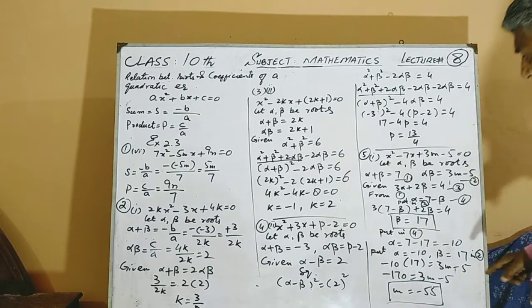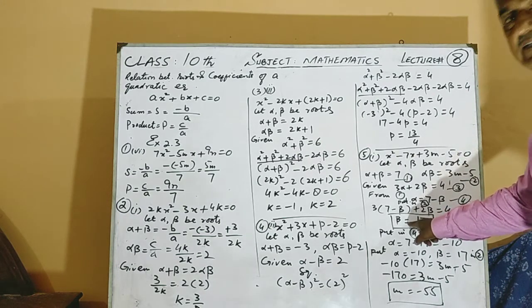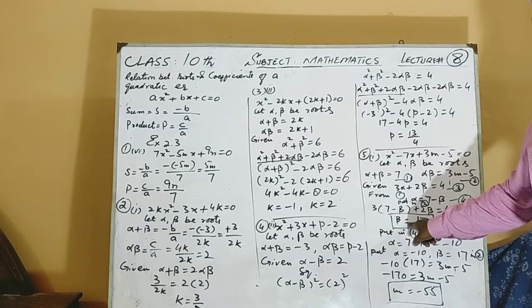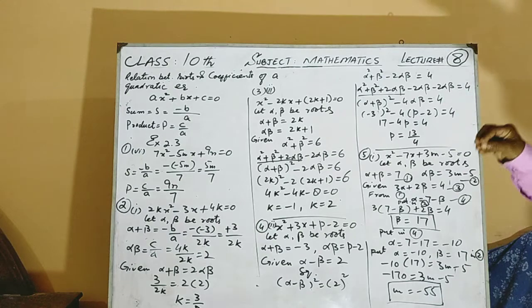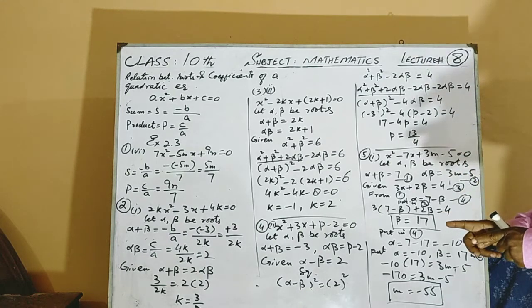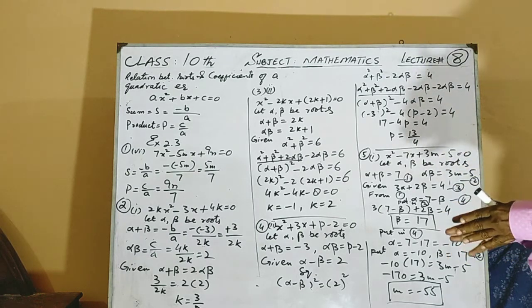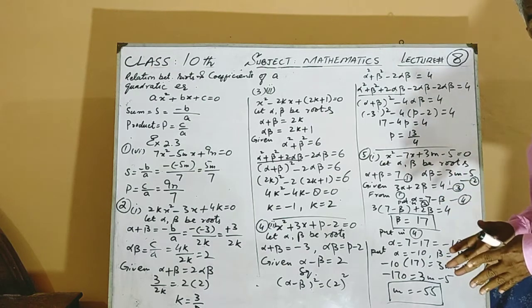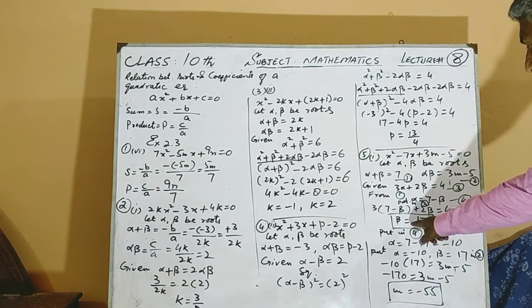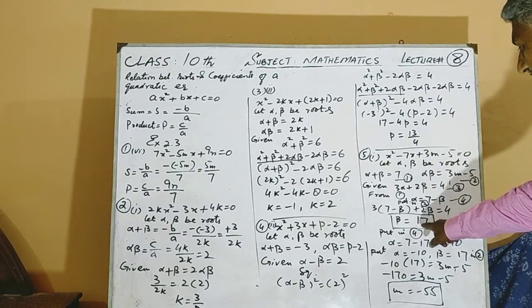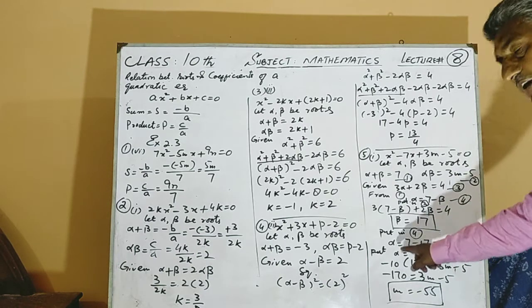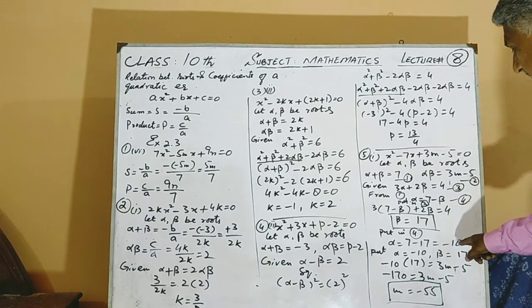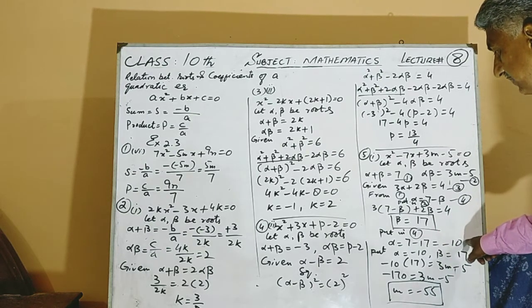Again after simplification we will find the value of beta, that is 17. Okay, and now we are interested in finding the value of alpha. We put the value of beta in equation 4, and we will get the value of alpha, that will be minus 10.